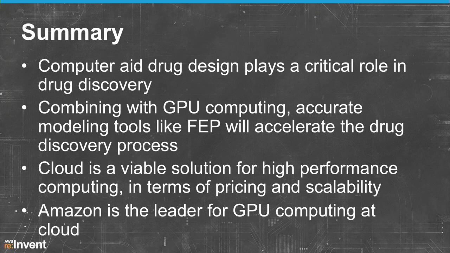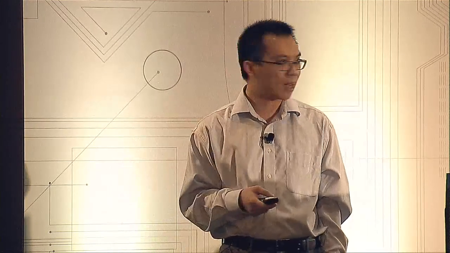And cloud is definitely a very viable solution for high-performance computing, especially when the new G2 instance is online. And Amazon is definitely the leader right now in GPU computing on the cloud.